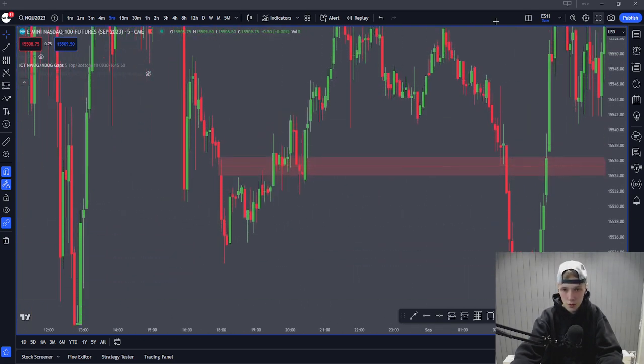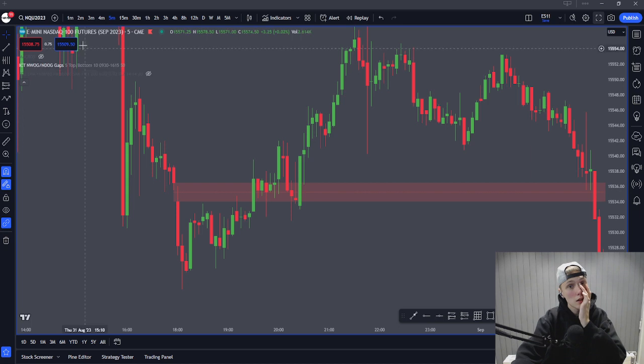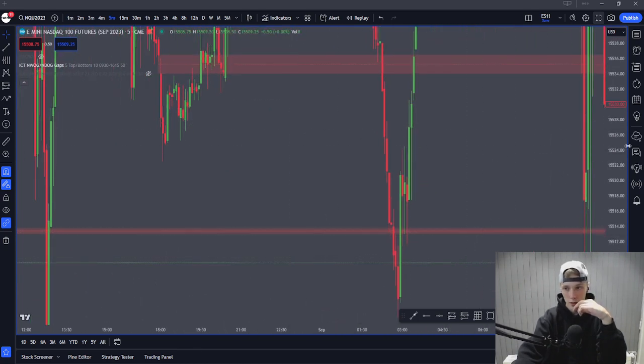But yeah, this is what the opening range gap is. It's this gap right here. On the 1 minute it is actually between the, so as soon as the clock hits 5, the market closes, and then as soon as the clock hits 6, the market opens. So between this range from market close to market open, that would be the new day opening gap on all days.